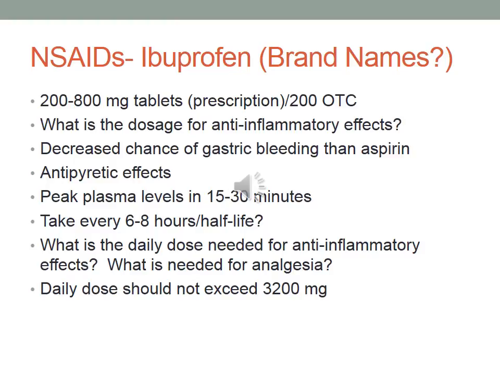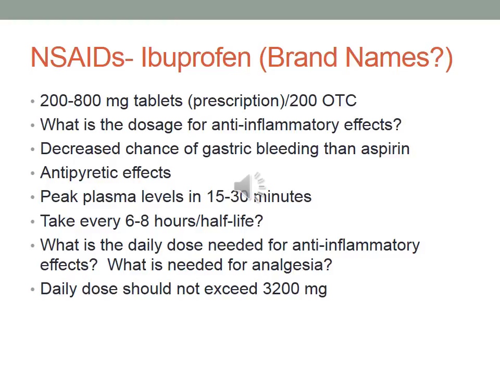You have to look at the differences between your dosing for anti-inflammatory effects versus just for analgesia. For anti-inflammatory effects, you basically are going to need 2,400 to 3,200 milligrams daily, taken in 3 different doses. Analgesia could be achieved in doses less than 2,400 milligrams a day.